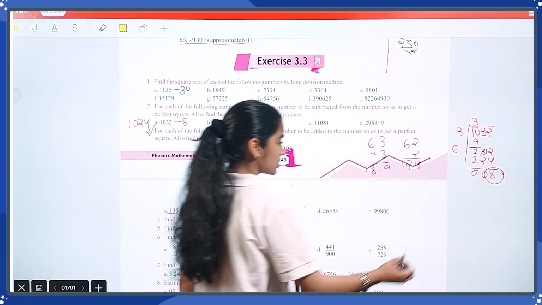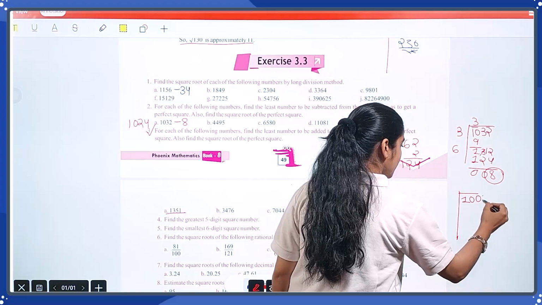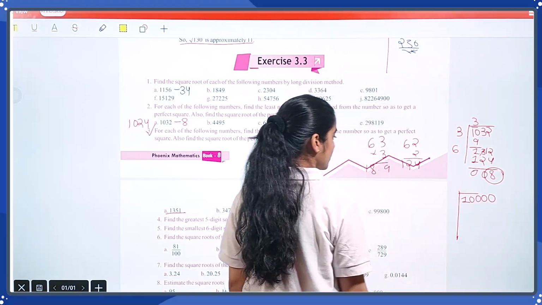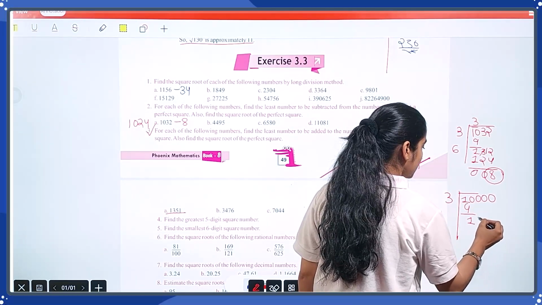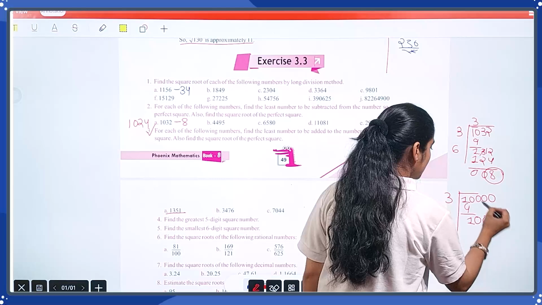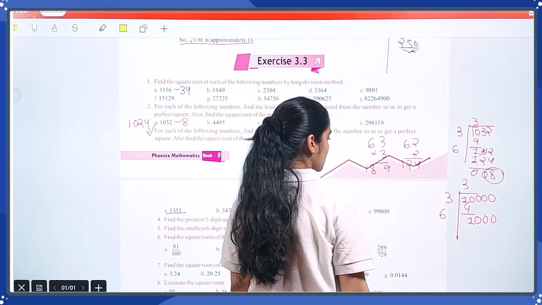So for the greatest 5-digit square number you have 100. So for 100, first you take 3 square, 9, 1, then 1, 2, 3. You take here 3, then you have to take 6. Now which number should be multiplied with it?